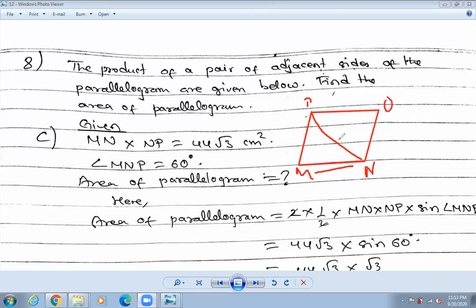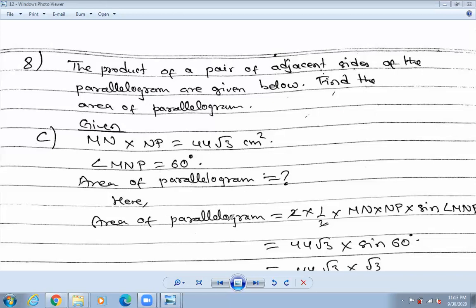Let me clear this. So the product of the two sides is 44√3. And another angle is given, so two sides and one angle are given. This formula is applicable when there are two sides and one angle. So area of parallelogram equals question mark.